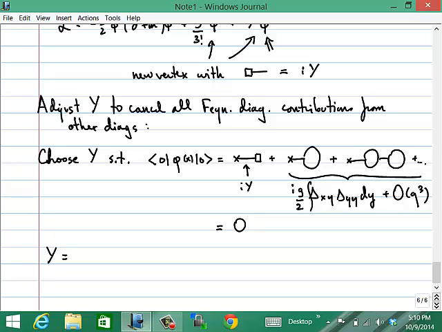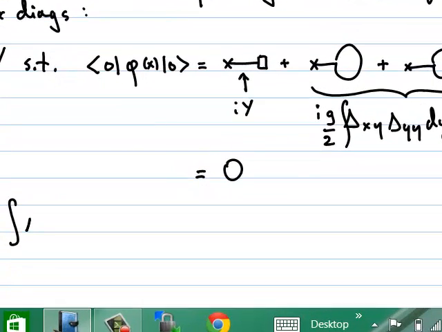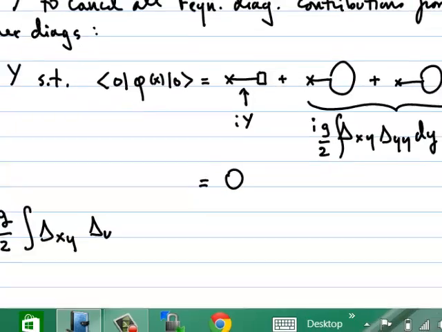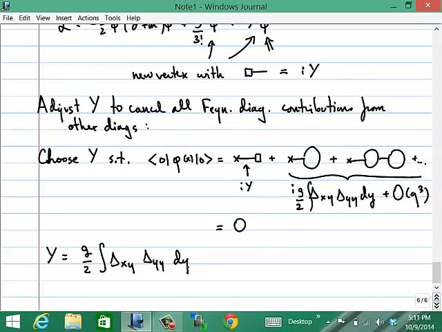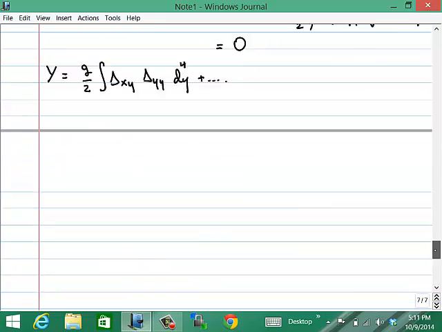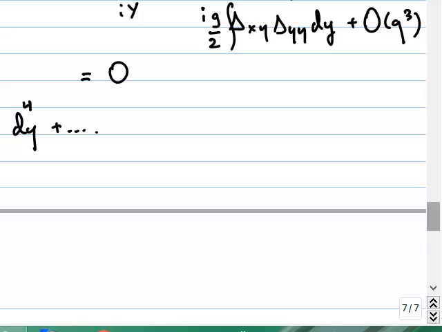So for example, at leading order, y should be equal to g over 2 times the integral of delta xy, delta yy, dy, plus higher order terms. And this leads to further simplifications in our Feynman diagram expansion.